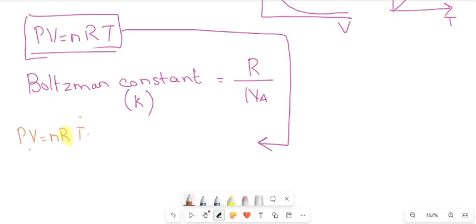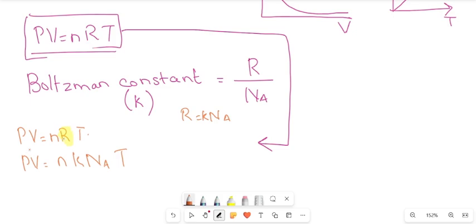This R equals kNa, so what I'll do is replace R with kNa, and I get PV equals n k Na T. The reason why I'm doing all of this is we're just looking for another formula for PV.